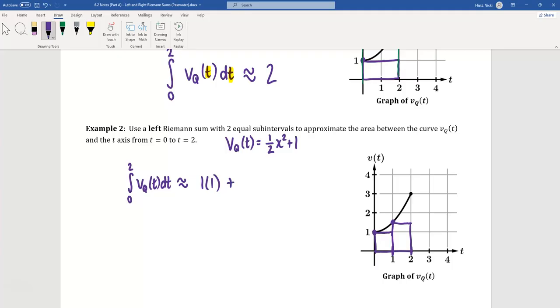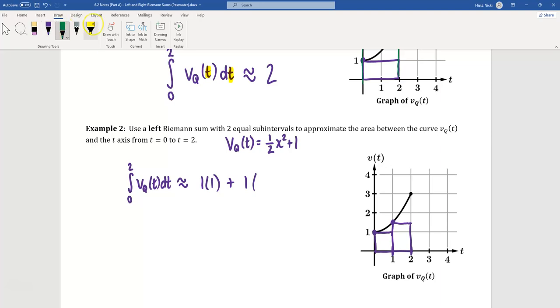But then the second rectangle, the width is 1. How could I find the height? Because it's not a whole number. I could estimate, because I am estimating anyway, but there's a way I can know the exact height of that rectangle. What can I do?